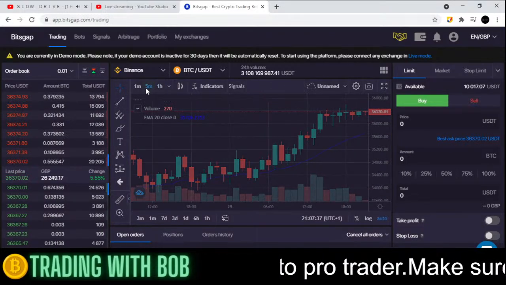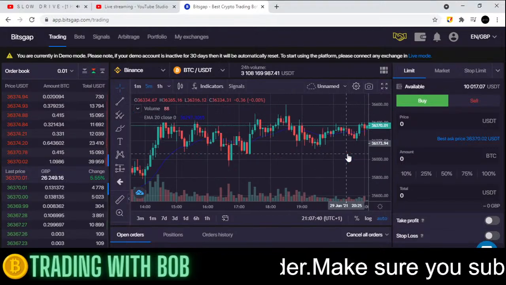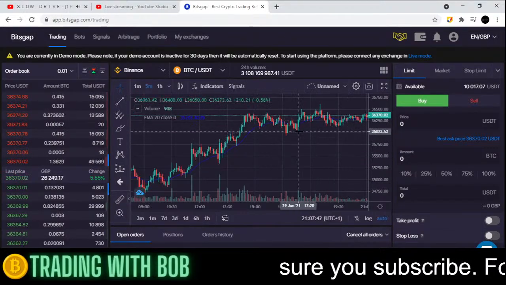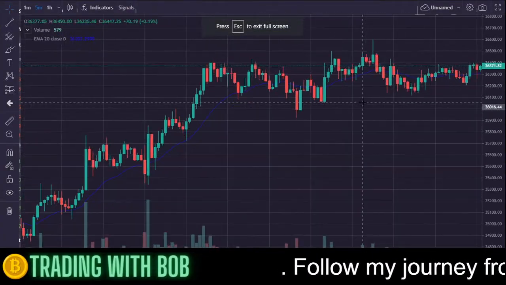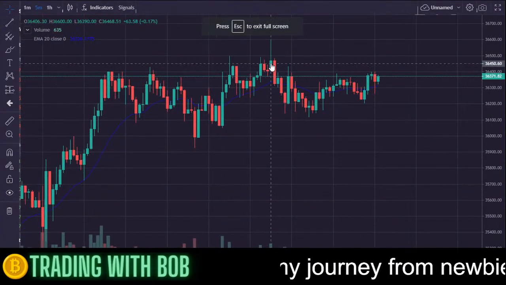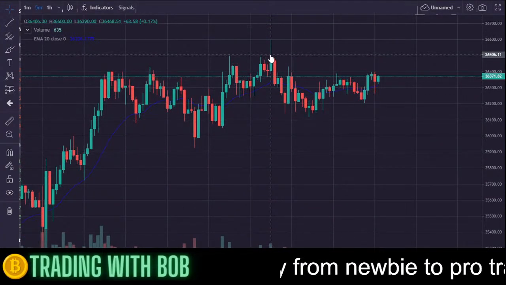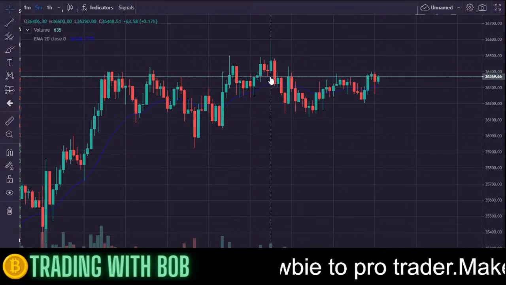Let me go on the 5-minute chart. Let's learn it. Okay, so we have learned previously about ascending triangles. So we need to identify support and resistance.